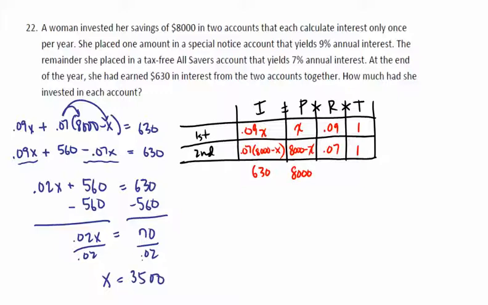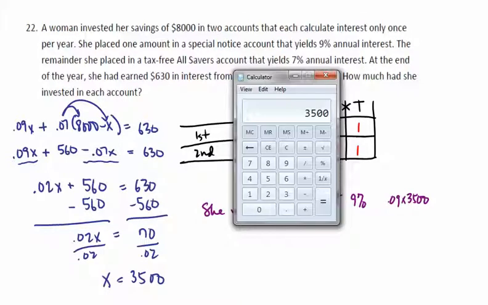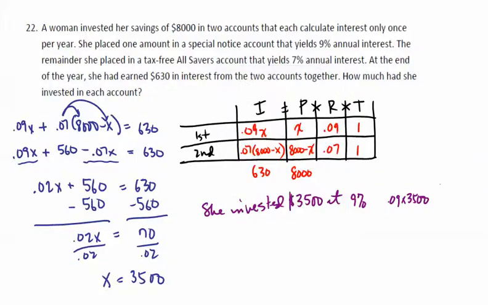So we know that she invested $3,500 at 9%, because that's where our x is in the principal on the first account, the 9% account. And if we wanted to calculate, we could do 0.09 times 3,500, and that would give us $315.